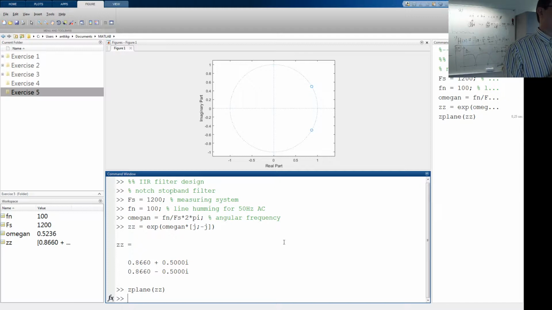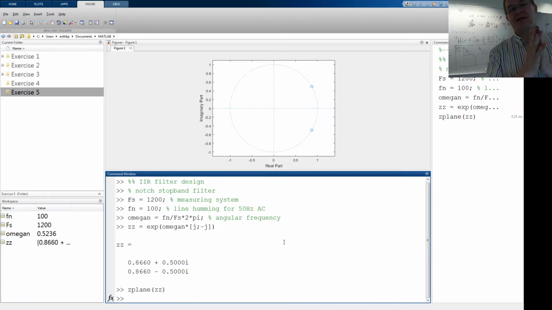You can overwrite exponential, for example. J is for engineers, I is for physicists. I or J, who cares?